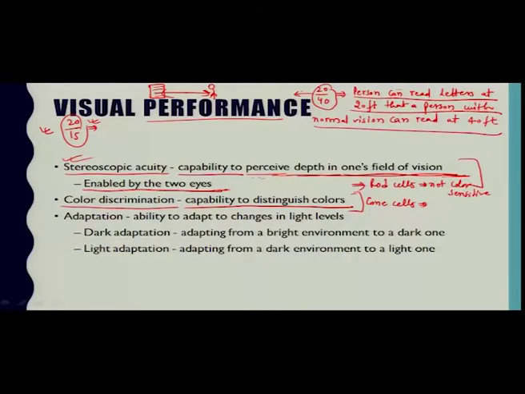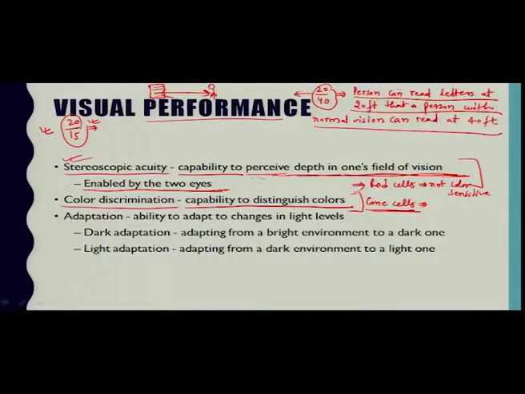Colors other than red, blue and green would stimulate a combination of receptors in relative strength, so that combined sensation could be interpreted by the brain to identify the color. So those are the things that we need to understand regarding this color discrimination. And in good lighting, a person with normal color vision can discriminate among hundreds of different colors.